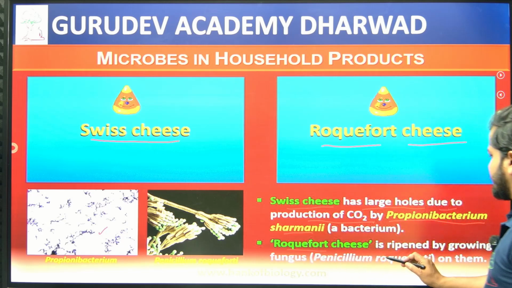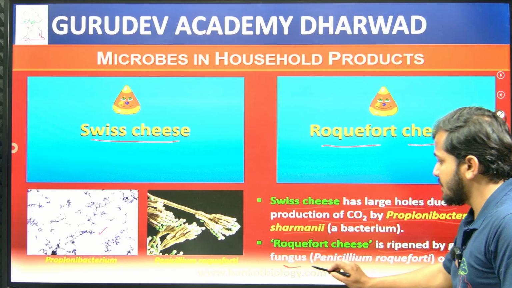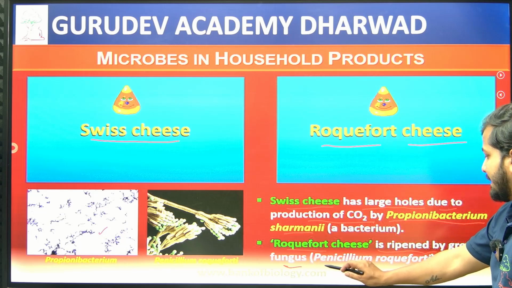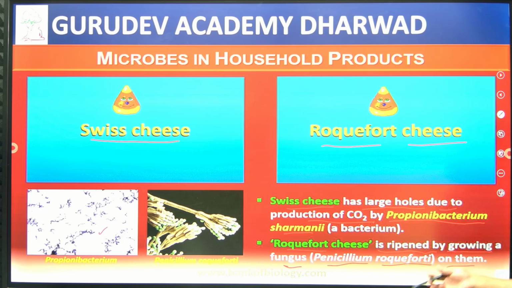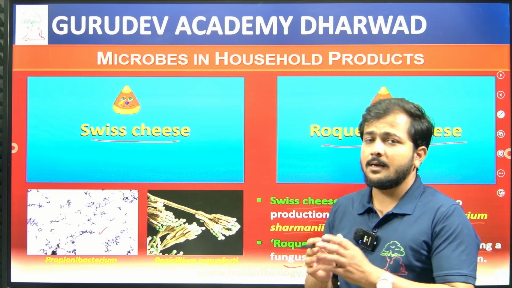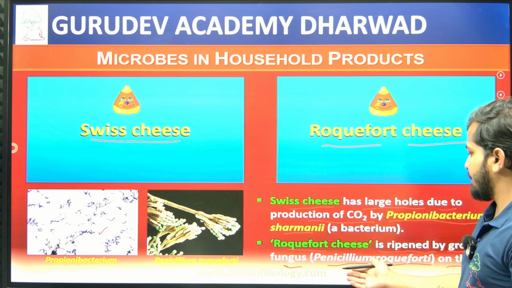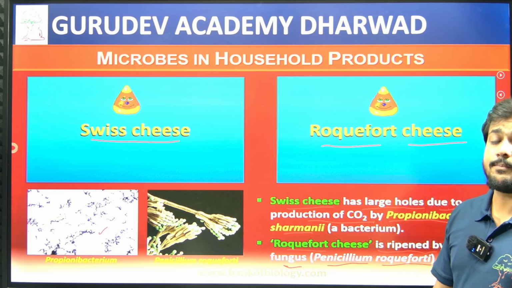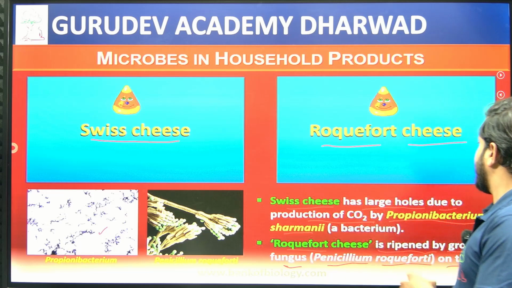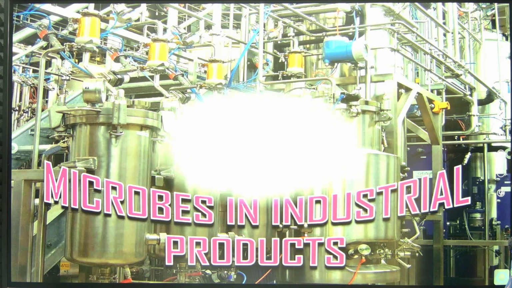Then Roquefort cheese is ripened by growing a fungus, mainly Penicillium roqueforti, on it, right? Consider the ripened form of products; on them we grow the Penicillium fungi, which carries out fermentation, and with fermentation we can isolate this cheese.